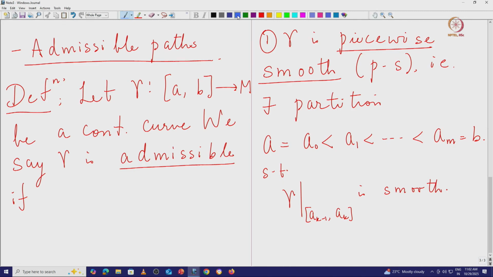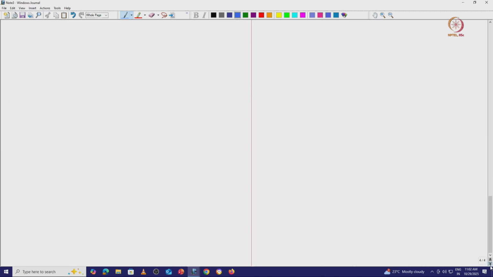Throughout this course of lectures I am always going to consider partitions of this type. This is going to be my usual notation for a partition. I will denote the points in the partition by a naught, a1, etc. That is the standard notation I am going to use. And the second condition we want gamma to satisfy is that gamma is regular.